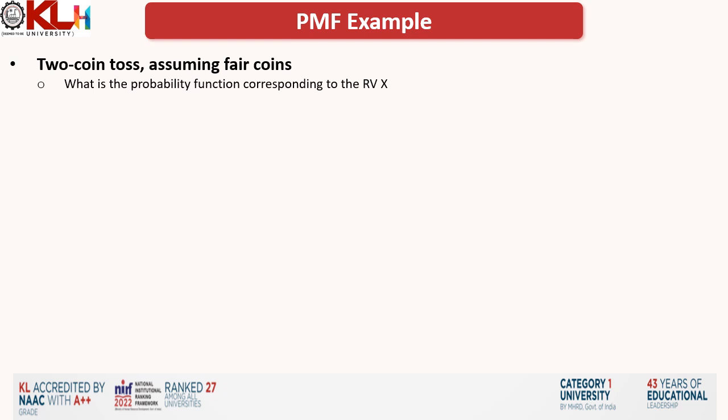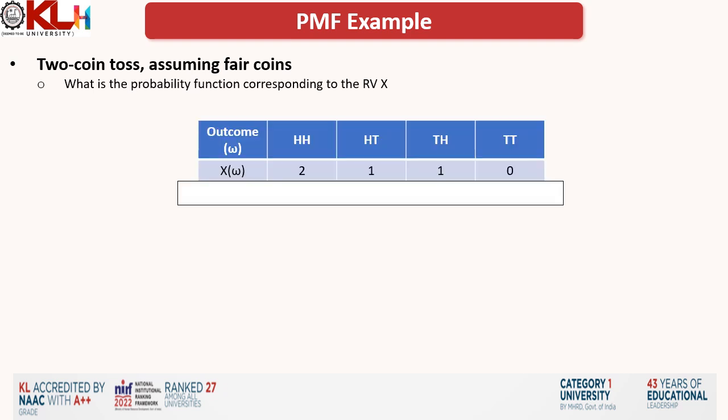Let's look at an example of tossing two fair coins. So what is the PMF for the random variable capital X if it counts the number of heads in the experiment? So the 4 outcomes are listed in the table, and the number of heads denoted by capital X, the random variable, can be between 0 to 2.